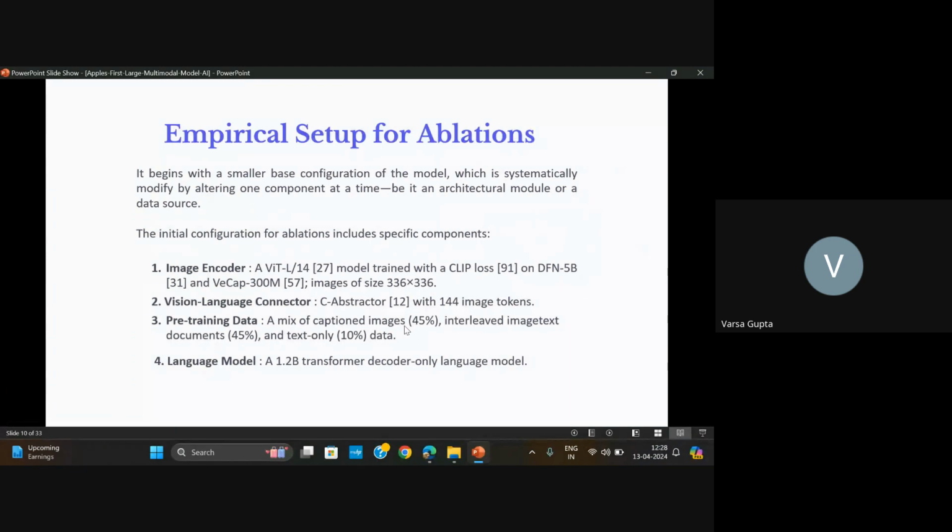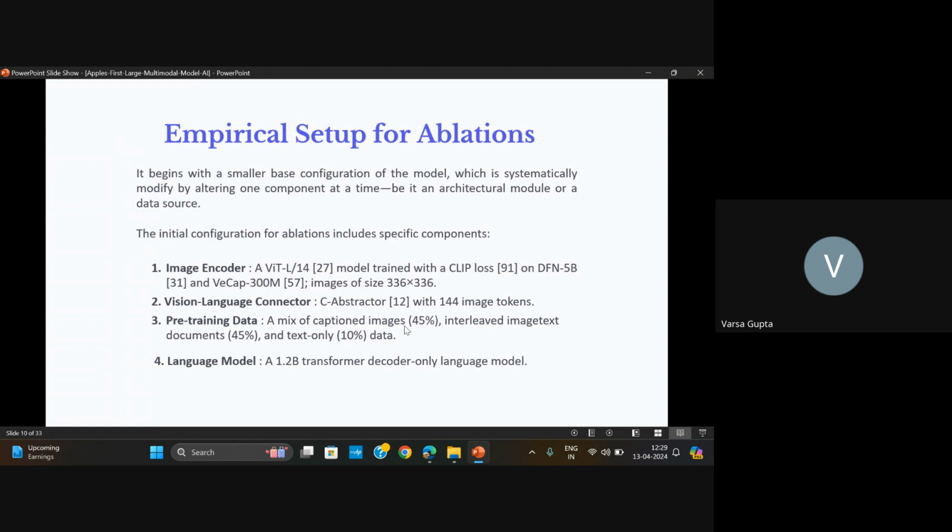It uses a variant ViT-L/14, where L stands for large scale and 14 is the patch size. This image encoder is trained on CLIP loss on two different data sources: DFN-5B and VeCap-300M.